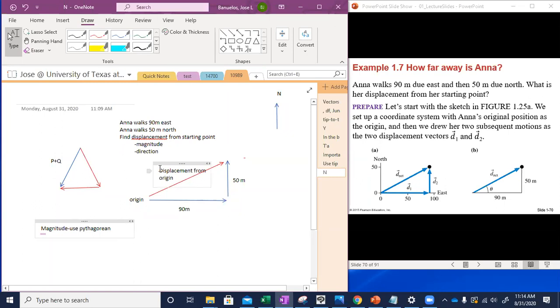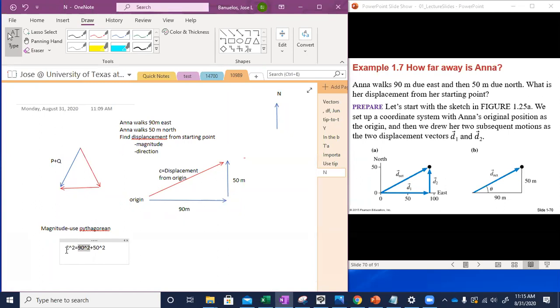Since we want the displacement, we can call that our side C. So C squared equals 90 squared plus 50 squared. That's going to help us find the answer.